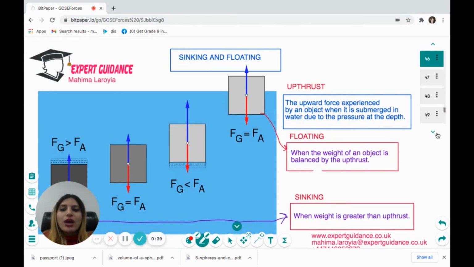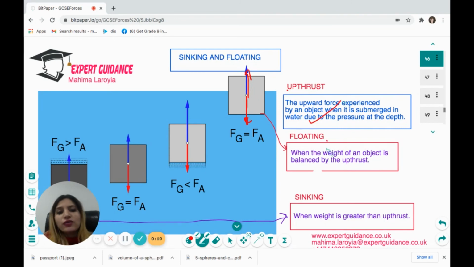Now, what is the relationship? What are the forces that act when a body sinks and floats? So when something is sinking, there is a weight acting downwards and the upthrust acting upwards. Upthrust is the upward force experienced by an object when it is submerged in water due to the pressure at depth.